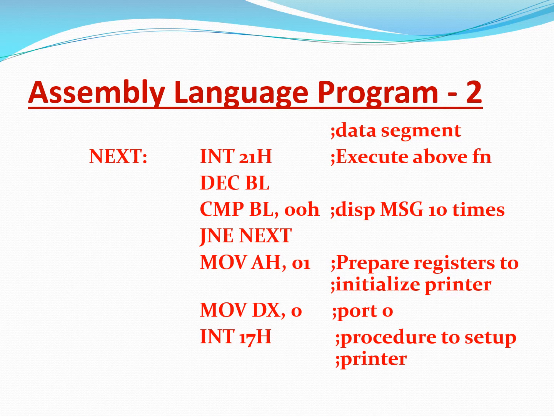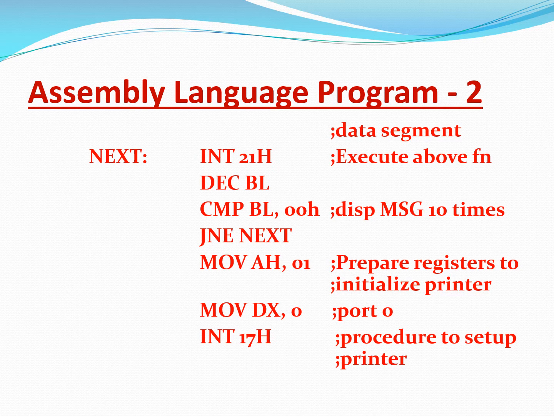We have already stored 10 in the BL register, that is 0AH, so we are decrementing it. CMP BL, 00H: we are comparing the contents of BL with 00H, and the compare instruction is basically a subtraction instruction.